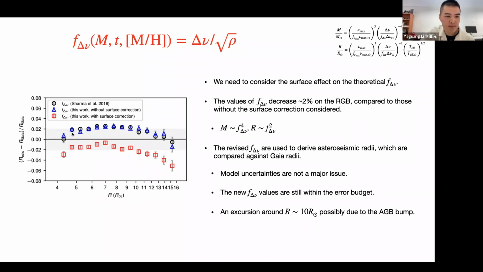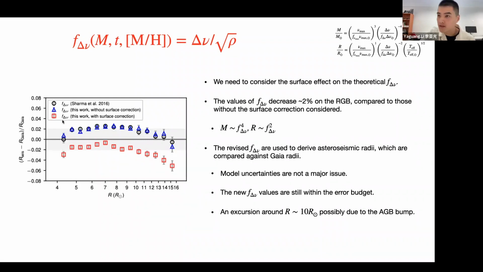For the black circles and the blue triangles, these are the F delta nu correction factors derived without considering the surface correction. Although they are derived using different sets of stellar models, you can see they agree pretty well with each other. So in this case, I would like to say that model uncertainties are probably not a major issue when we are making this correction.